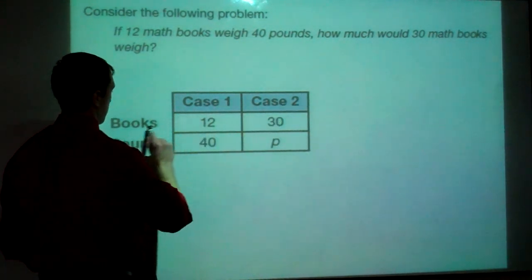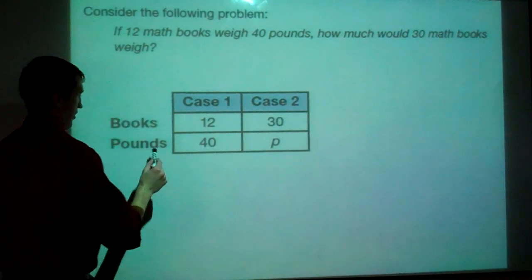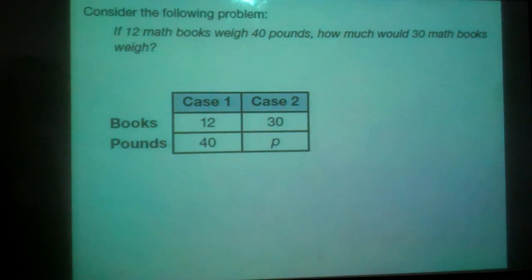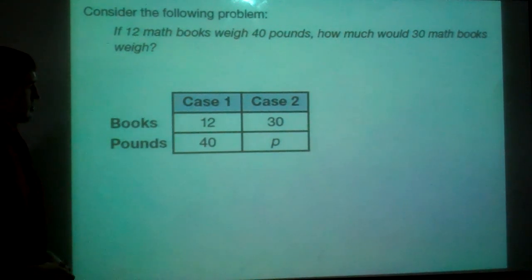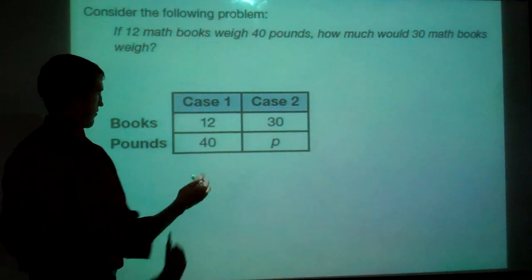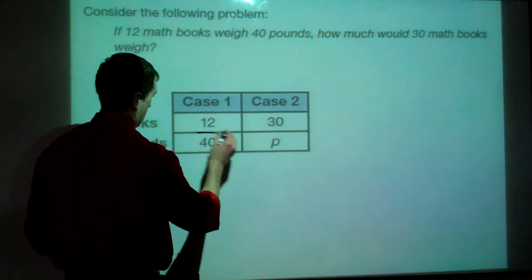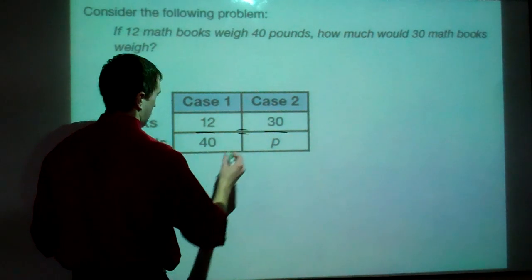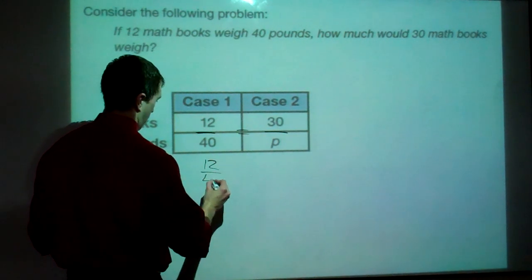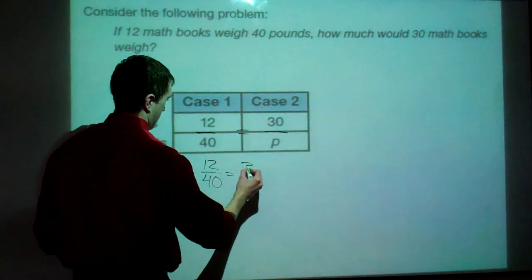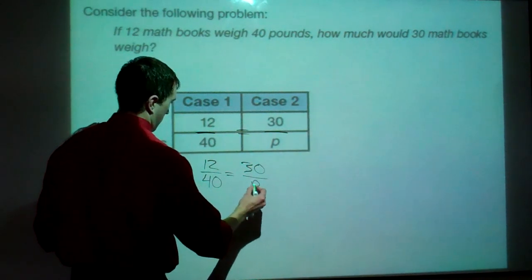So if we have 30 books, how much are they going to weigh in pounds? If we put case 1 and case 2 together, we have two ratios that form a proportion. So 12 over 40 equals 30 over p.